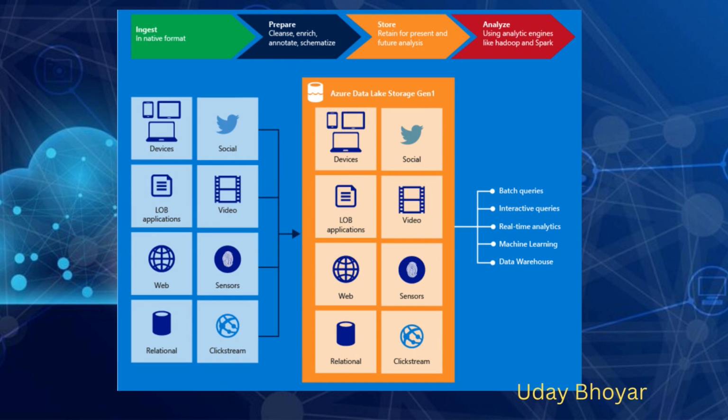Once the data is ready, it is further used for analysis using various analytic engines such as Hadoop and Spark. Using the data from Azure Data Lake Storage services, we can run batch queries, interactive queries, real-time analysis, machine learning, and data warehouse workloads. So this is the basic overview of how Azure Data Lake Storage works.